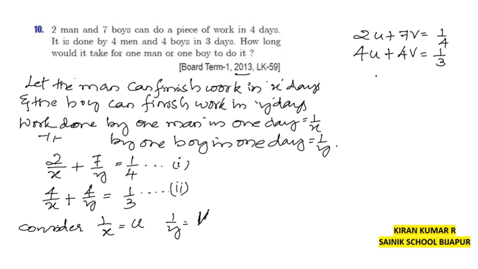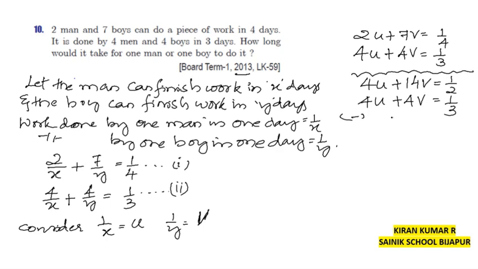Now these two equations are to be simplified. What I prefer doing is multiply the first equation by 2. We will be getting 4U plus 14V equal to 1 by 2. The second equation I need not change because I am following the method of elimination.